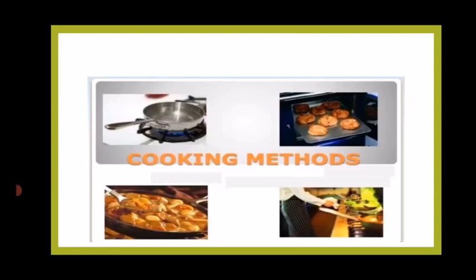So what is the meaning of cooking? Let us look now. So cooking means what? Cooking is nothing but the transfer of heat to food. So when we transfer the heat from the stove to the food and the food becomes tastier, then we say that we are cooking the food. So that means whichever way you are cooking, whether you are boiling or frying or baking, you need to have heat because heat is very important.